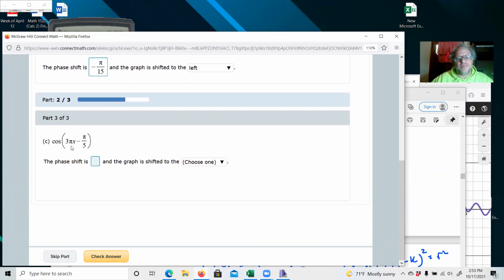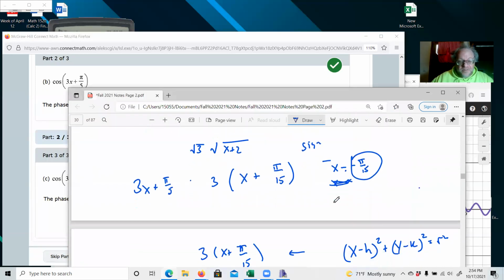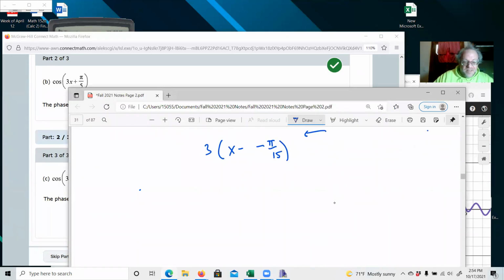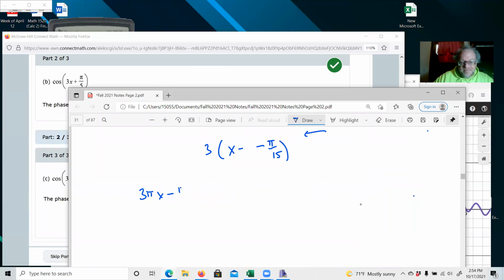Aha, 3 pi x minus, so at least this one's minus. It's going to go to the right, so we don't have to worry about a sign shift. We have 3 pi x minus pi over 5. We have to pull this out.